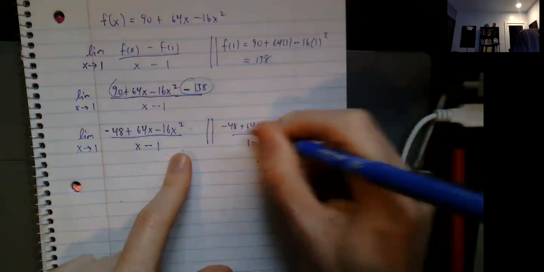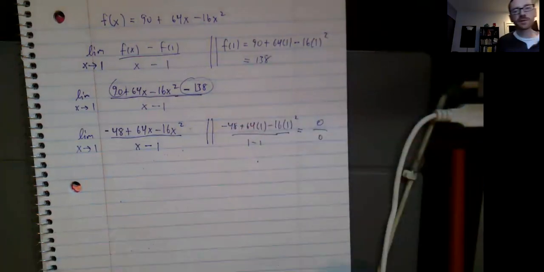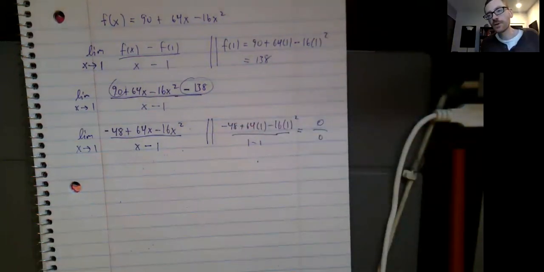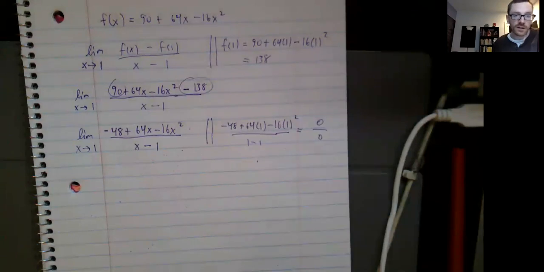I promise that if you compute this, you get 0 over 0, which is usually what you get in these problems. And remember what this means. This means that you have to simplify this expression, like by maybe factoring and canceling common factors. As a matter of fact, that's exactly what has to be done here.